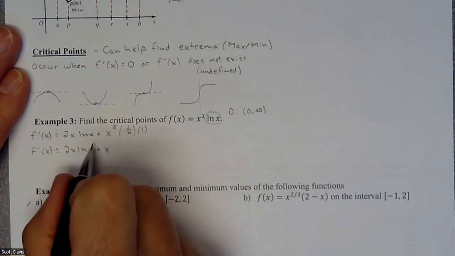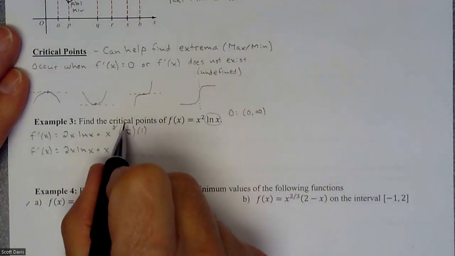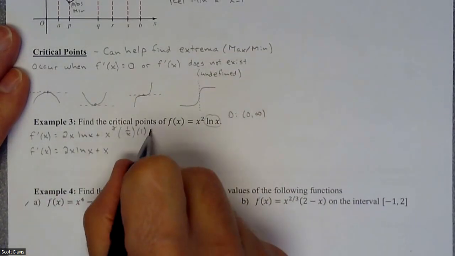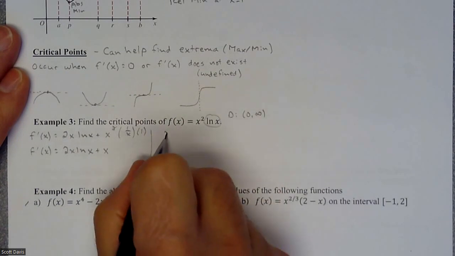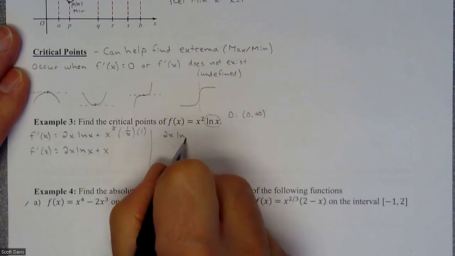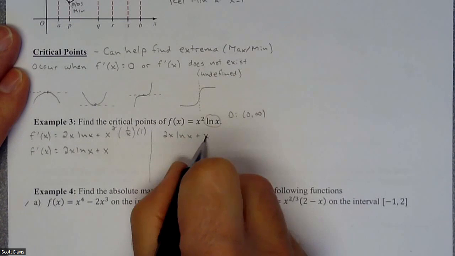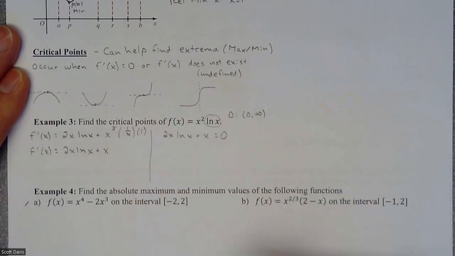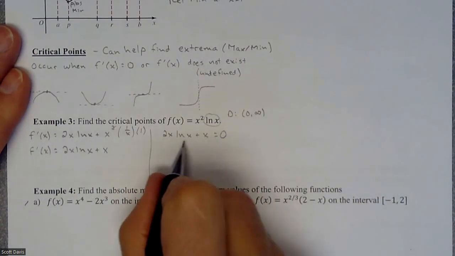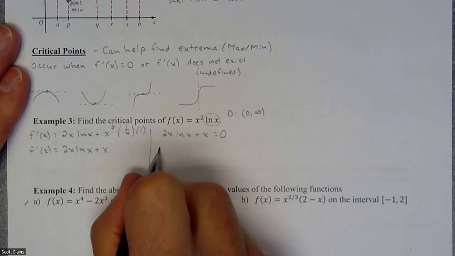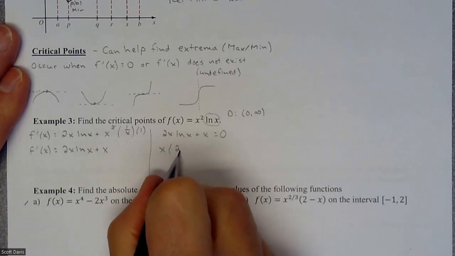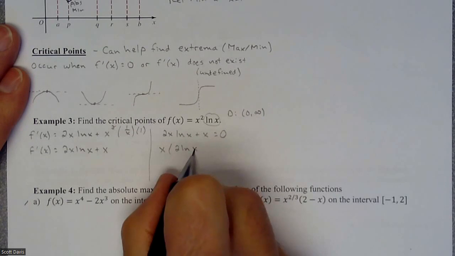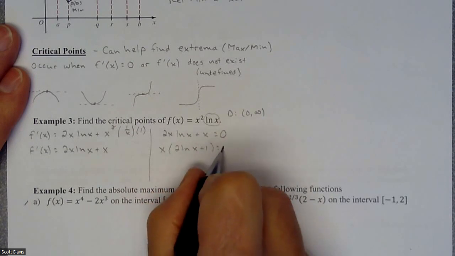So that's our derivative, but we want to find critical points, which means we want to take this and set it equal to 0. So we're going to take 2x natural log of x plus x and set it equal to 0 and solve. First thing I'm going to do is take an x out of both: x times 2 natural log of x plus 1 equaling 0.